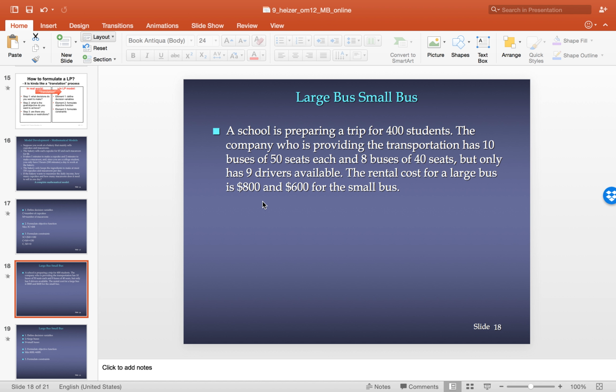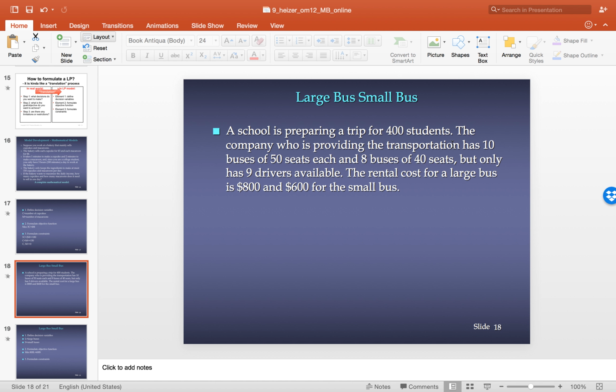So now we have to look at this problem line by line to identify any limitations or restrictions. So the first sentence tells us you want to transport 400 students. Okay, that's one limitation or restriction.